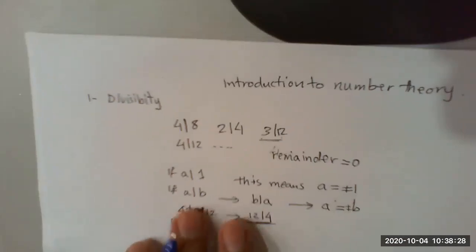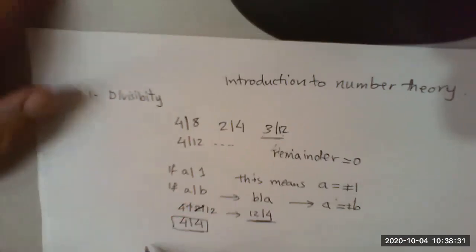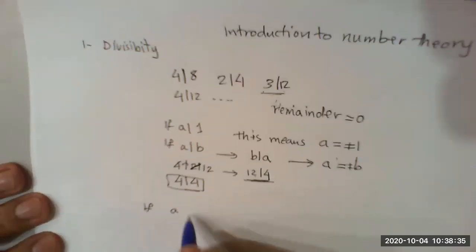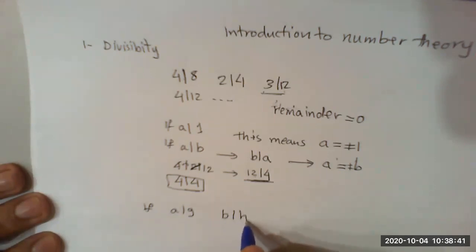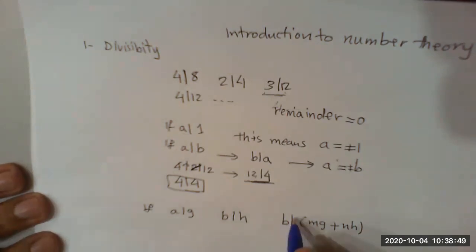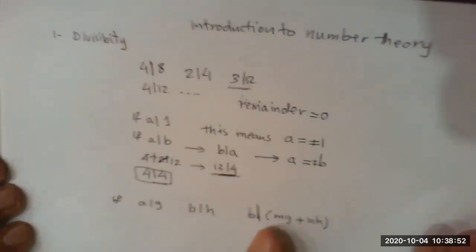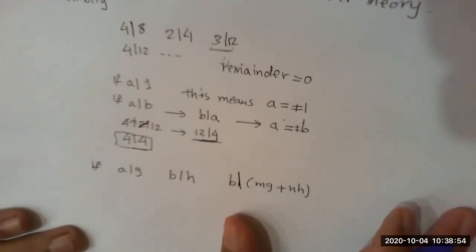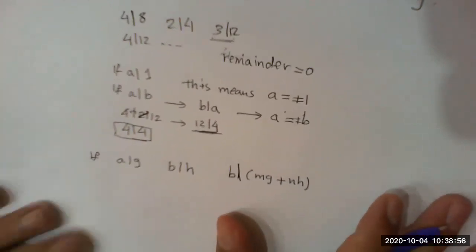For example, if A divides G and A divides H, then A divides Mg plus Nh. How is this happening? I will give you an example.